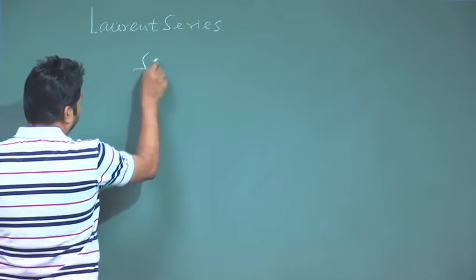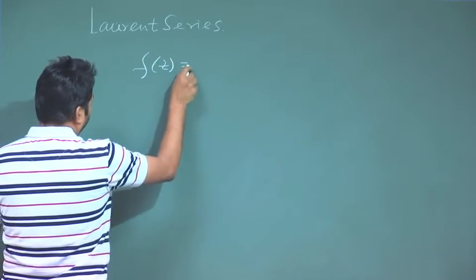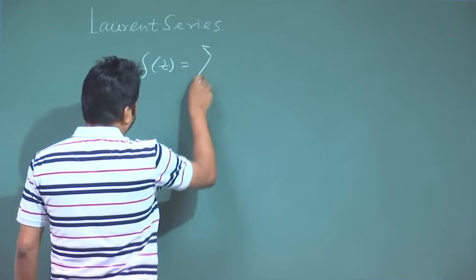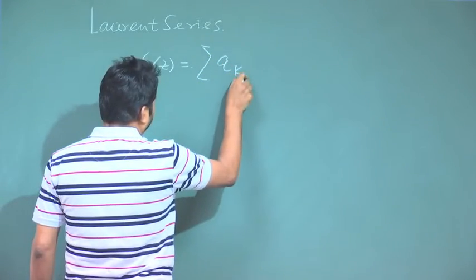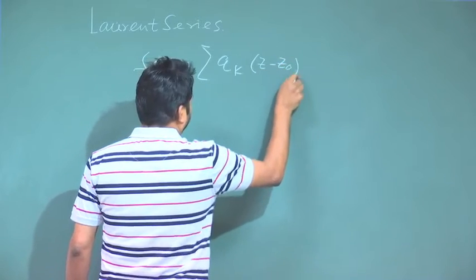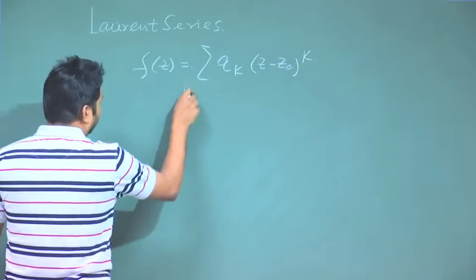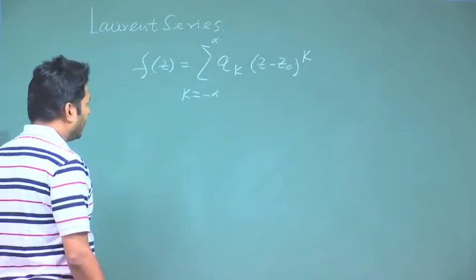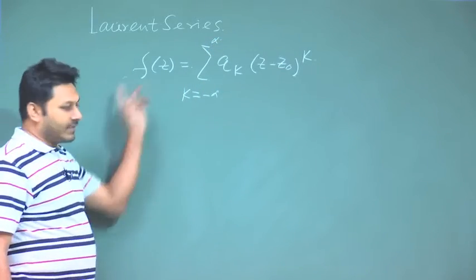So, let me once again remind you, if f(z) is a function, I can expand this function in this particular power series, where k runs from minus infinity to infinity, and it is restricted over some annular region.